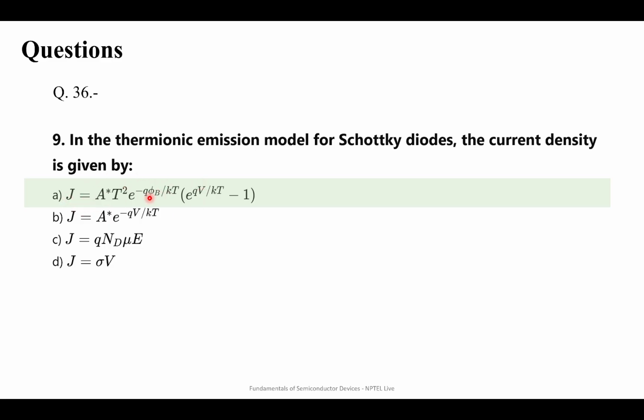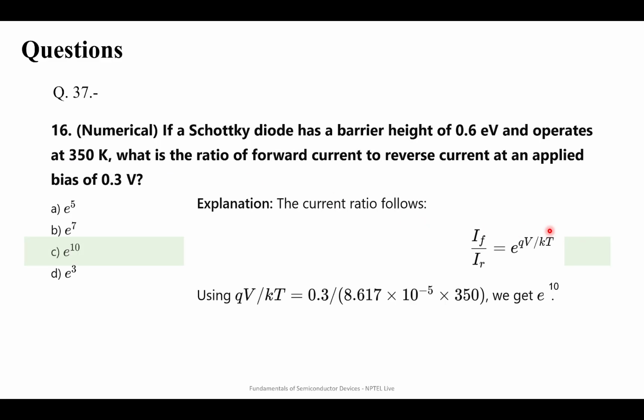So your reverse bias current will be I naught, and your forward bias current will be I naught e power qV by kT, ignoring the minus 1. So you do I naught e power qV by kT divided by I naught. The I naught terms cancel, and you are left with e power qV by kT. And V here is your forward bias voltage, which is given as 0.3 volts.